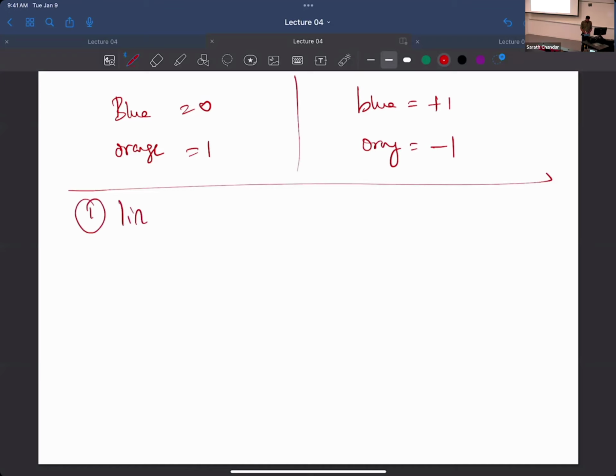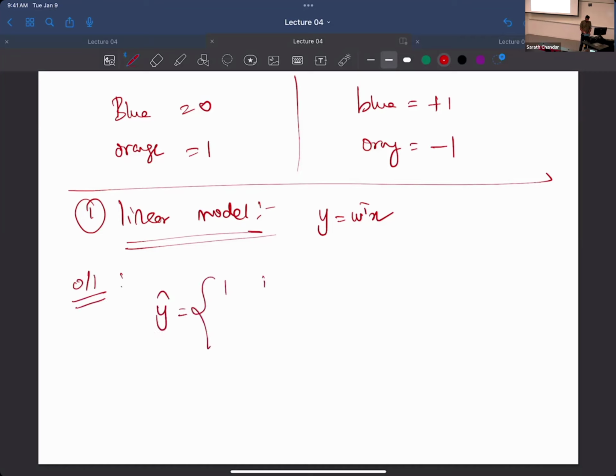First, we're going to do a linear model. A linear model is given by y equals w transpose x, right? I'm going to fit a line, and say that in the case of 0, 1 classification, my y hat is going to be 1 if y is greater than 0.5, and it's going to be 0 if y is less than or equal to 0.5.